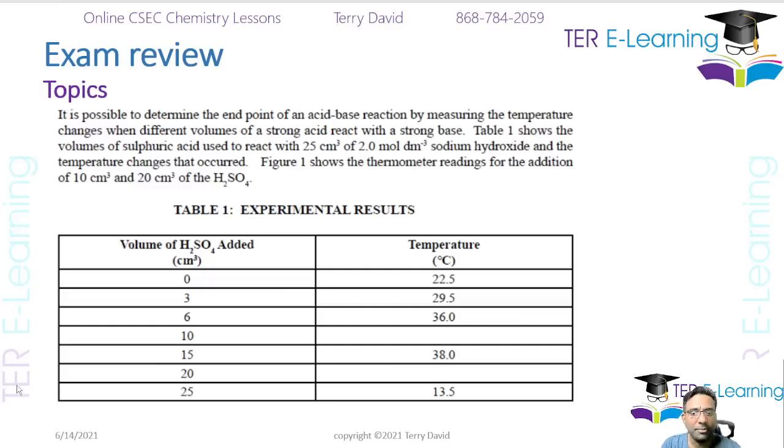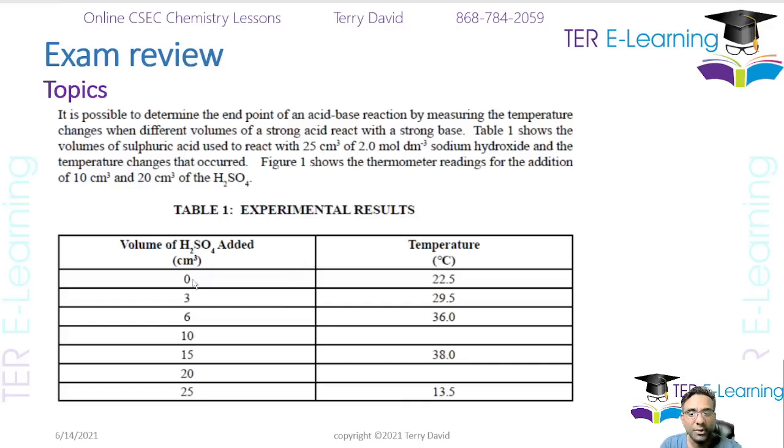Now, hopefully you all may have done this as a lab in school. So they said it is possible to determine the endpoint of an acid-base titration by measuring temperature changes. So when we use temperature changes to do a titration, that is called a thermometric titration. And what we're doing, we're using a thermometer in order to do that.